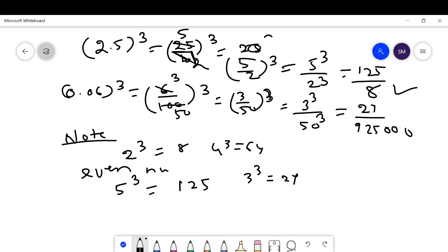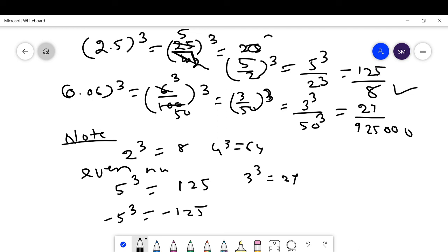And cube of a positive integer is always positive, and cube of a negative integer is always negative. Minus 5 cube is minus 125. These are the properties of cube.